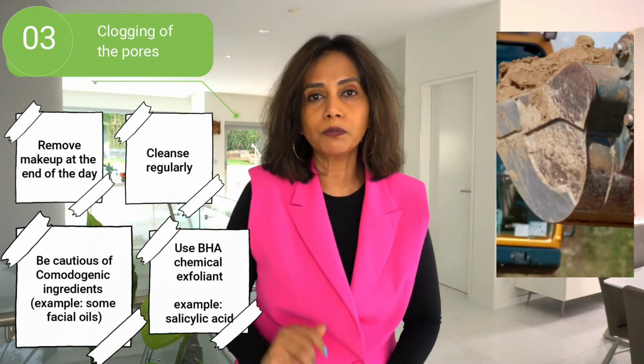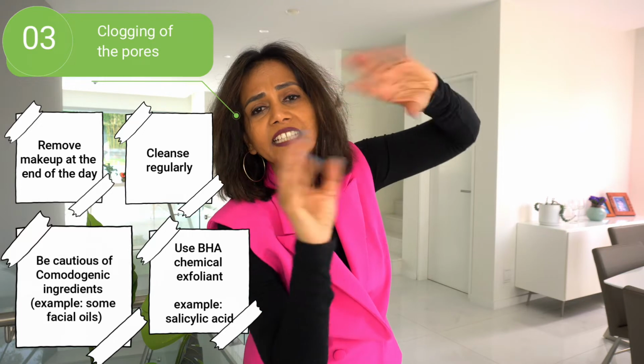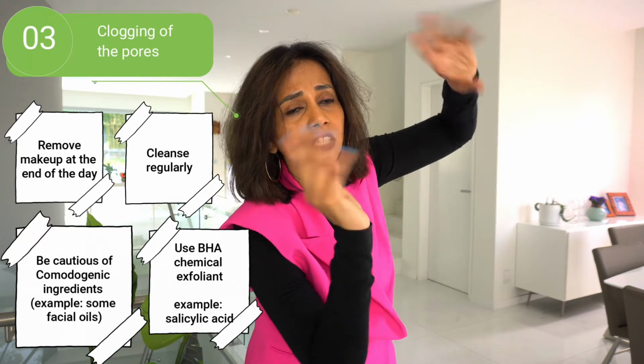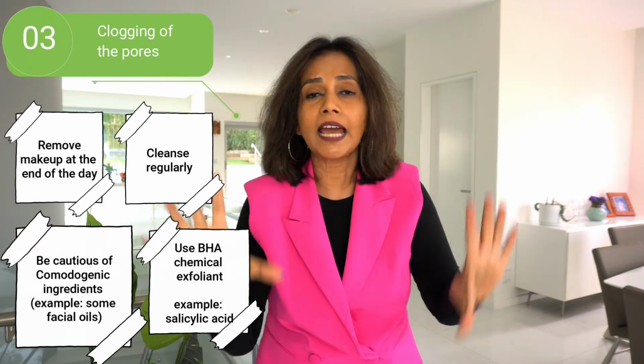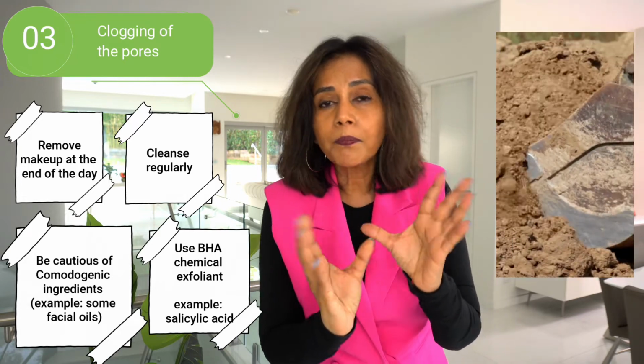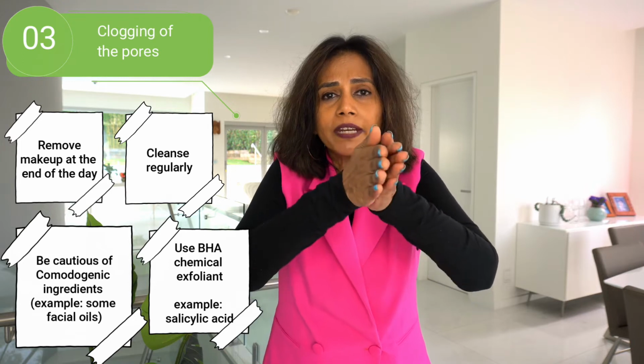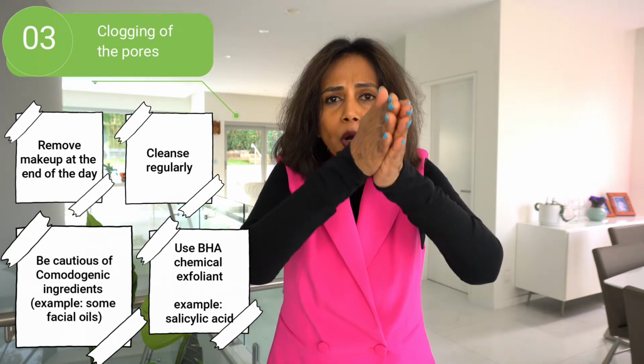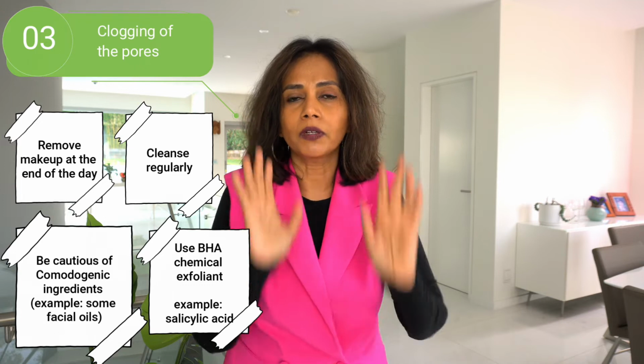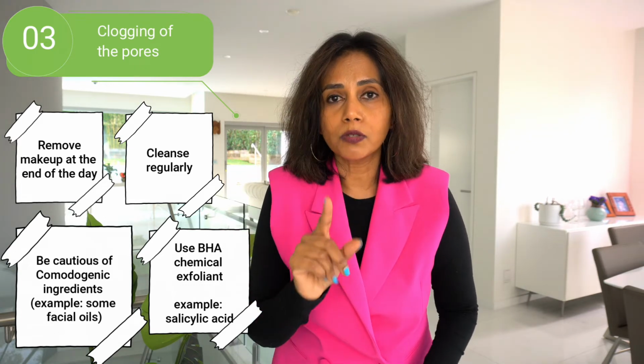See how effective that would be? It would just go in there, get rid of all the dirt and everything that's accumulated there, and it will completely unclog the pore. So once the pore is unclogged, the bowl-like structure goes back to its original shape, and then the tube and everything goes back to its original shape, the opening the way it should be, not enlarged. So unclog those pores.